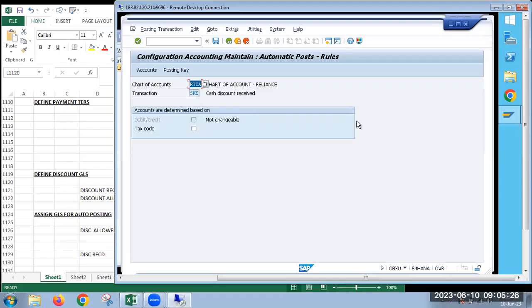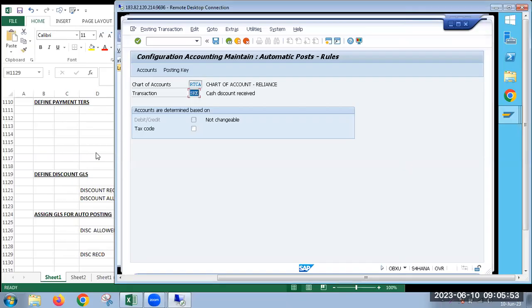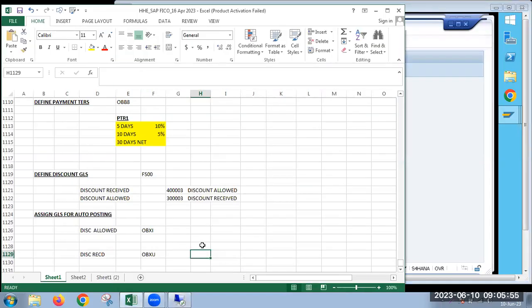The system has identified a discount is here, and this transaction is happening with the GL account from RTCA. So for the same RTCA, the system will take that account for posting the discount received. That will be identified by the transaction key SKE.